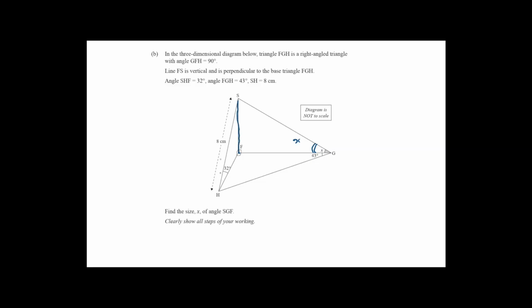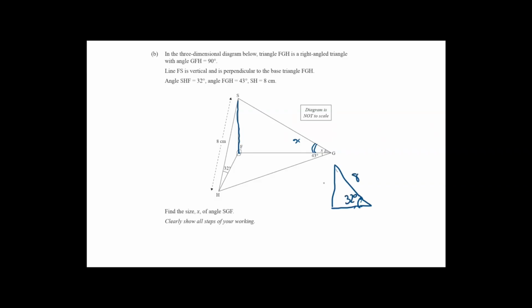If we draw this triangle off to one side, that's not our x, we don't want that yet. We can't find that one yet. We're finding this triangle here. So this is 32 degrees, and this is 8.